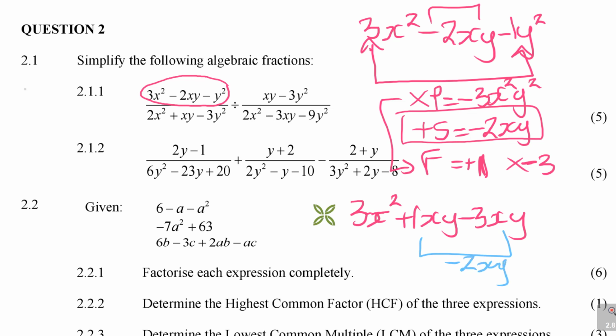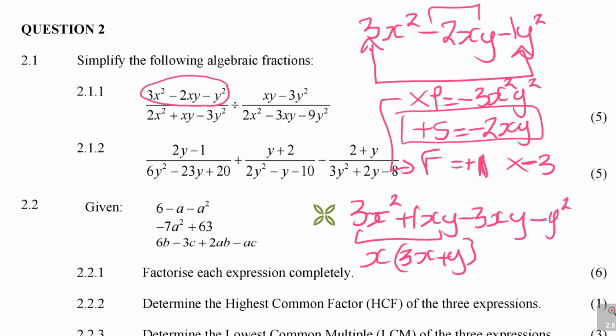So why am I doing it? I'm changing it from 3 terms into 4 terms, whereby I can now factorize by grouping. Then from there, it's minus 1xy, minus y squared actually. It wasn't 1y squared, I just added that. Then I look at the first two, factorize what's common, it's x, and then it's 3x plus y.